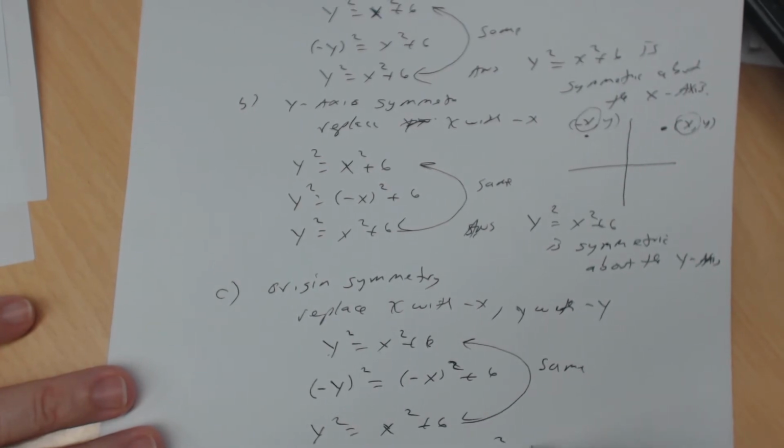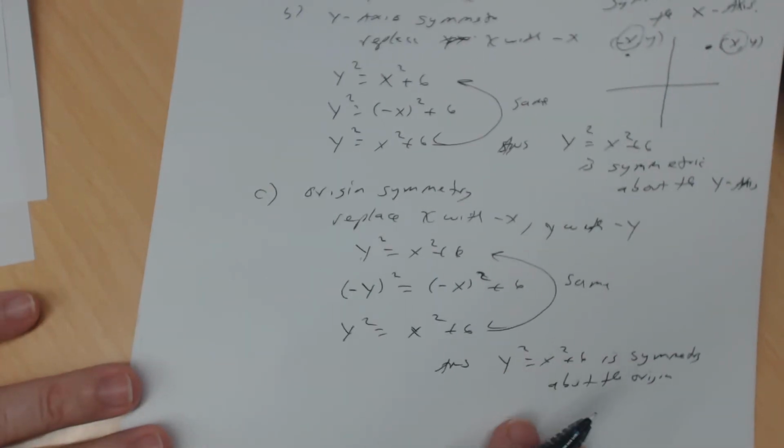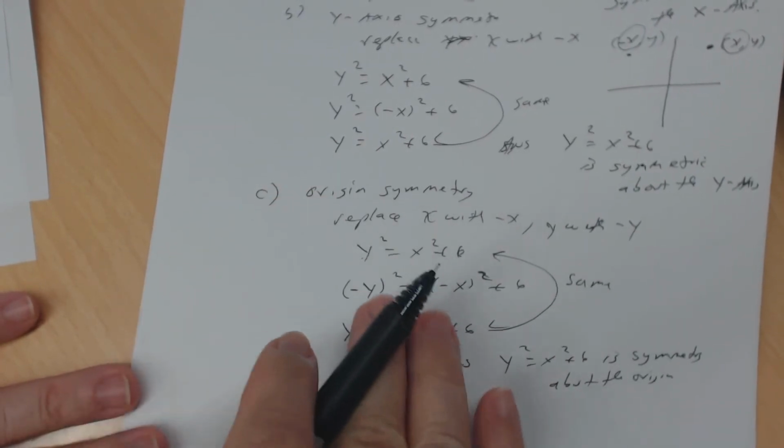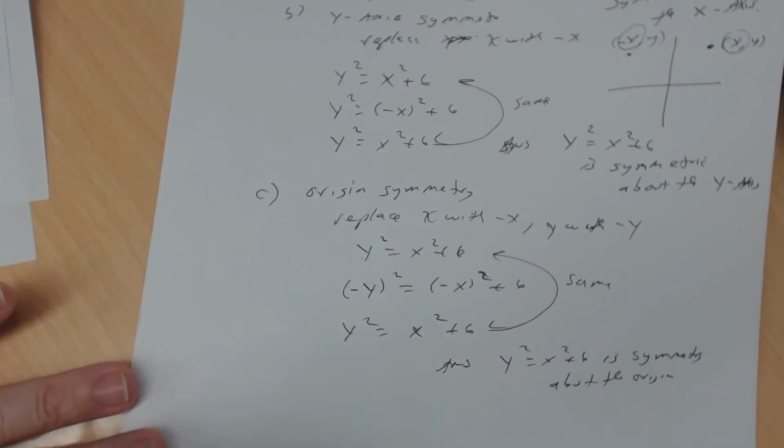So y squared equal x squared plus 6 is symmetric about the origin. So in this case, this equation is symmetric about all three.